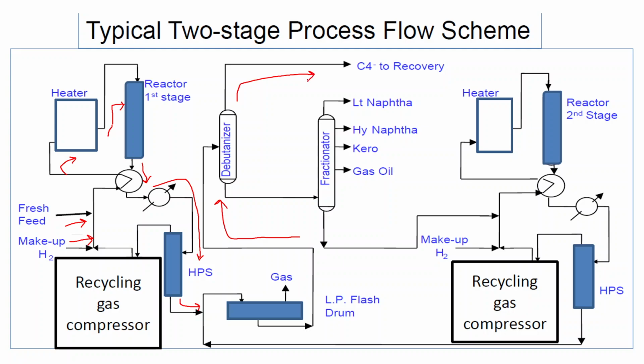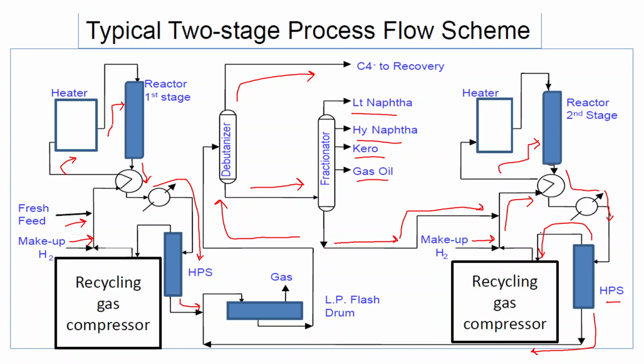From here butane, that is C4 recovery, takes place, and further it is sent to the fractionator, that is, distillation. Here different cuts are removed: light naphtha, heavy naphtha, kerosene, gas oil, and the heavy residue from here is taken along with the makeup hydrogen. It is further heated. After preheating, it is sent to the second reactor, and here again after heat recovery and high pressure separator, it sends the heavier part back to the low pressure flash drum, and the lighter part is taken for recycling.